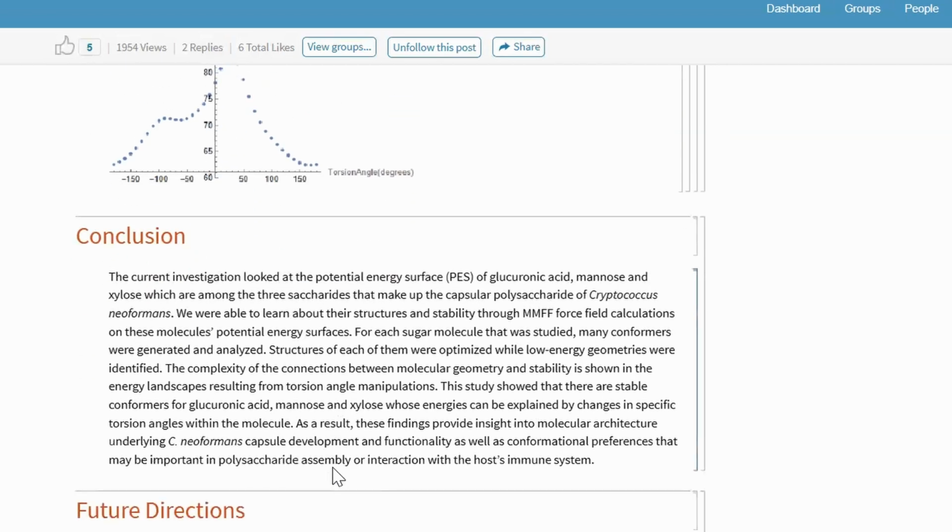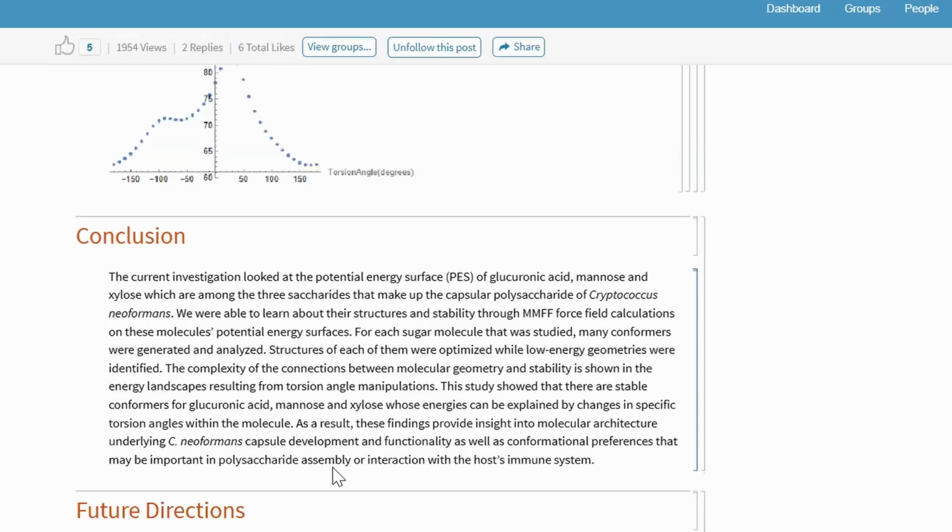This is basically Merck Molecular Force Field, which is a really low level calculation. We could potentially apply sophisticated computational methods like DFT, density functional theory, or use molecular dynamics simulations and find out what exactly happens when you put this glucuronic acid molecule in water. That would be a really realistic simulation of what's going on in our body.